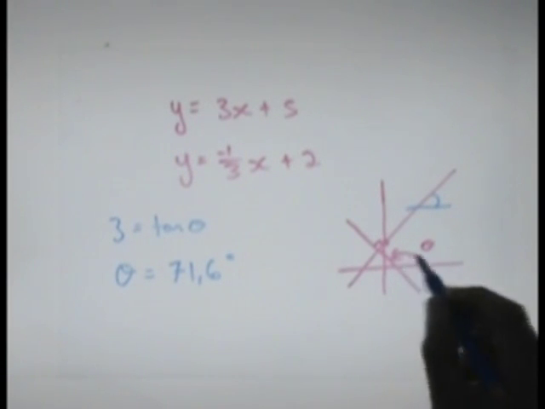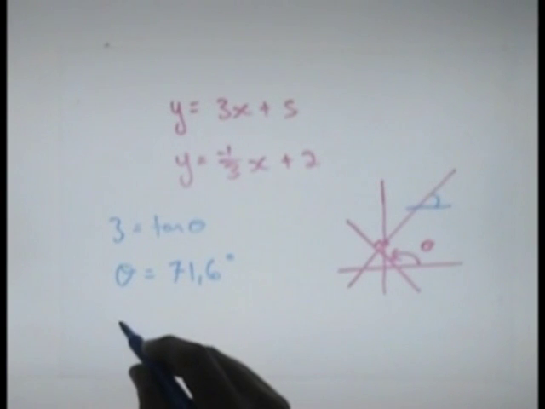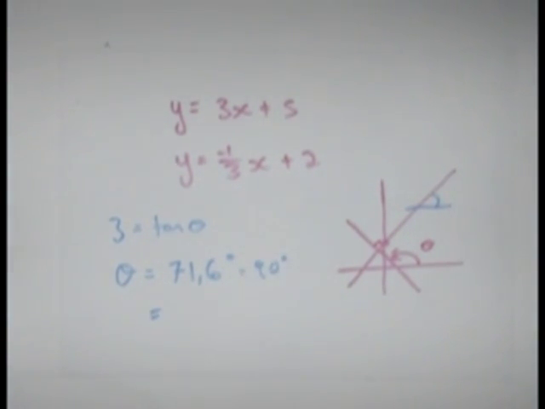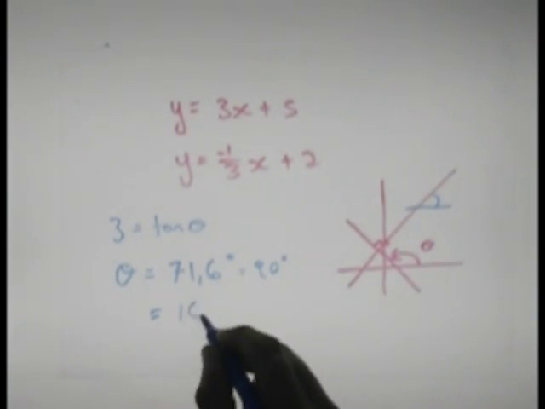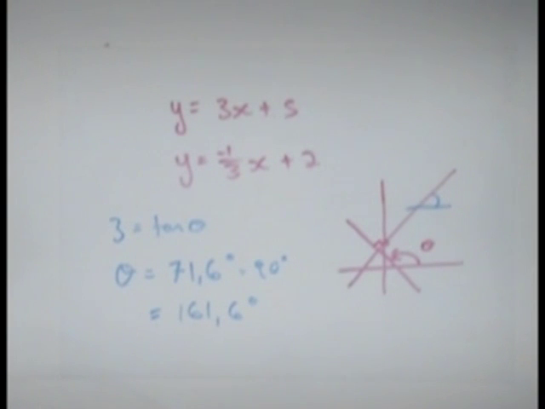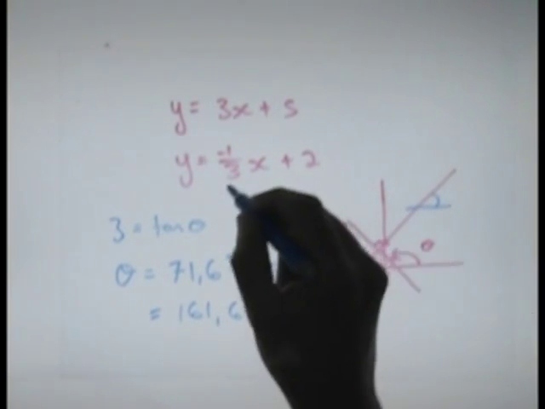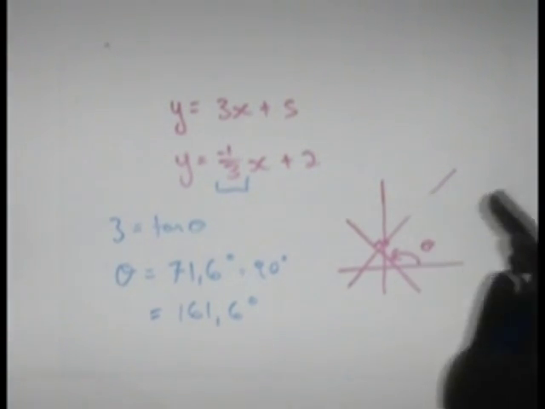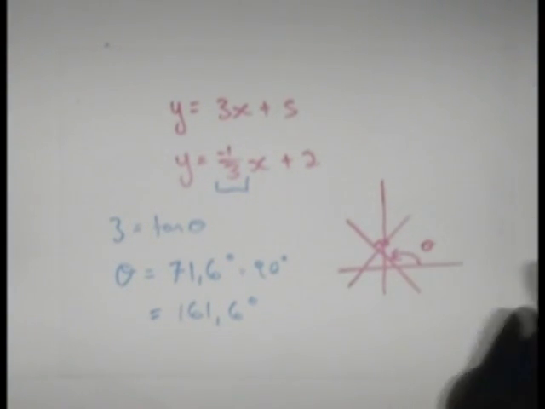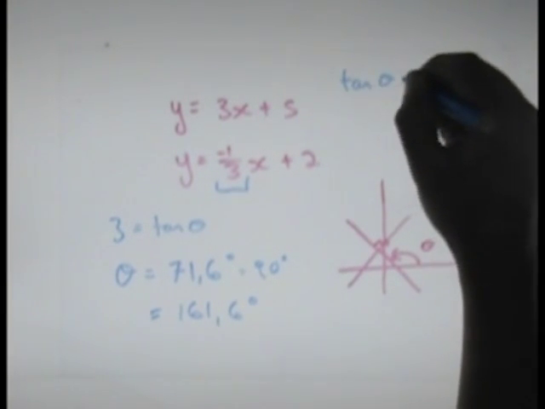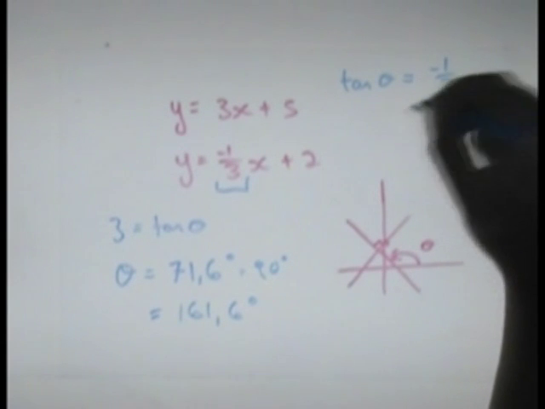But remember, I was looking for this angle here. So I'm going to add that to 90 degrees, which is going to give me 161.6 degrees. Alternatively, I was looking for that theta originally. Let's ignore the perpendicular line altogether. We could have said tan theta is equal to -1/3.